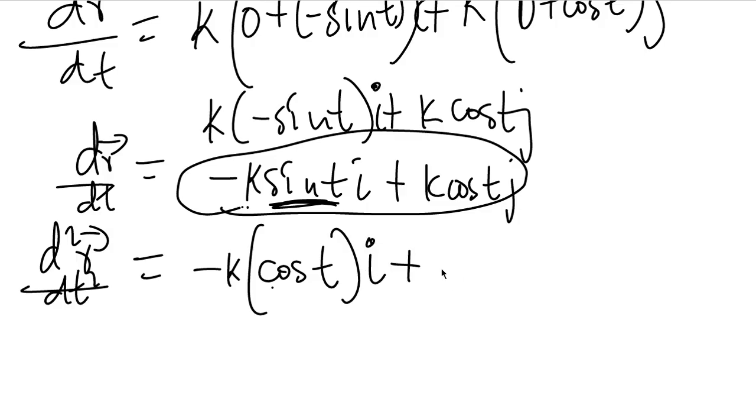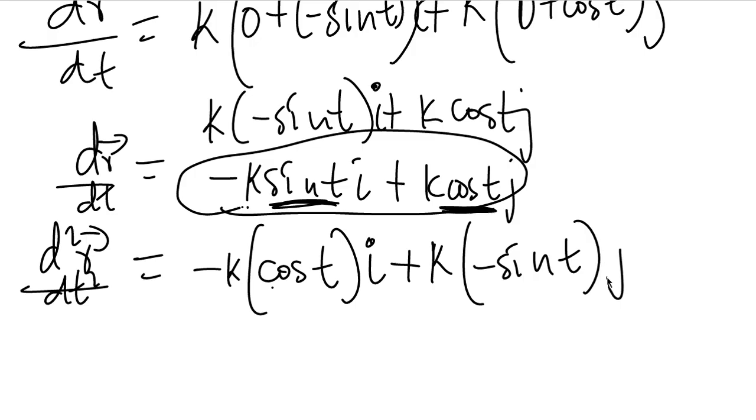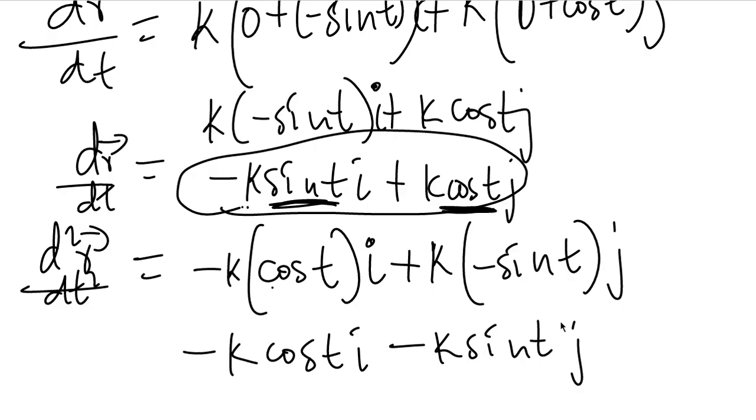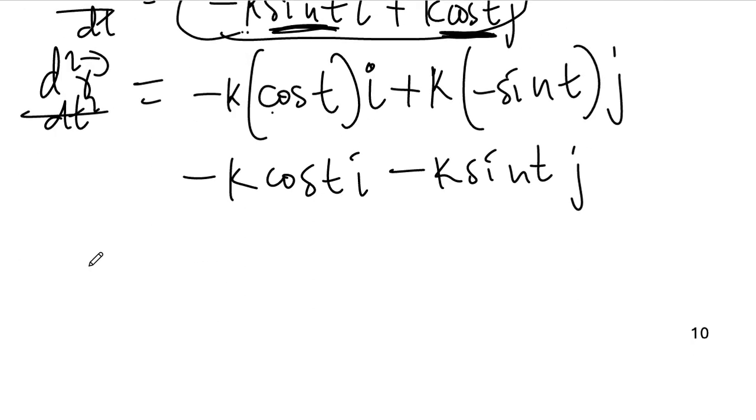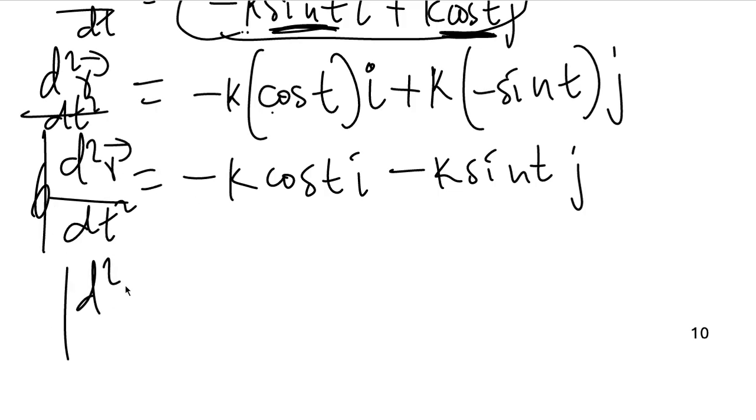Then plus k, and differentiating cos t gives minus sin t j. So that's negative k cos t i, negative k sin t j. The question asks for the magnitude of d squared r over dt squared. This is the value, but the magnitude now is going to be what?